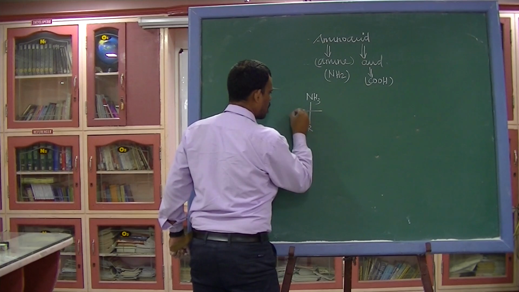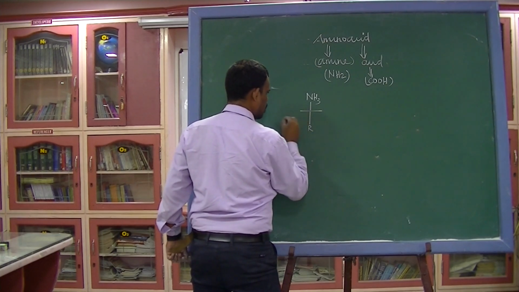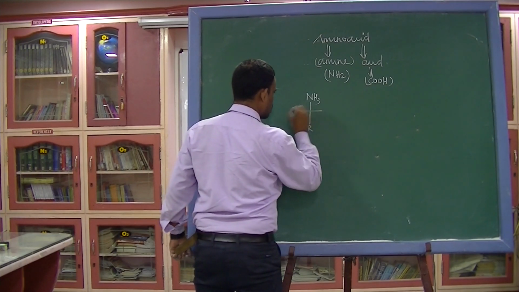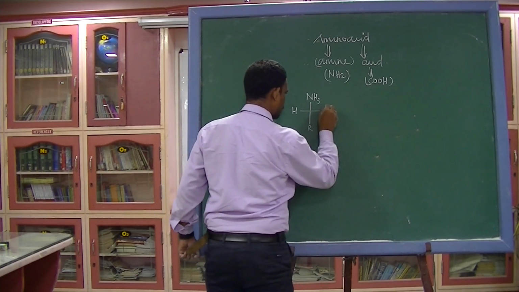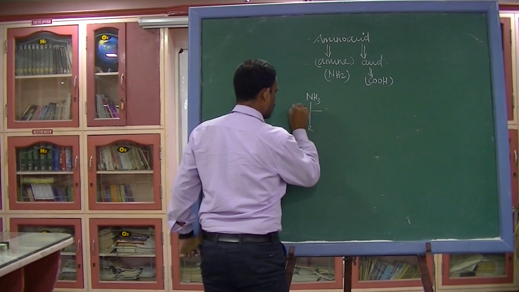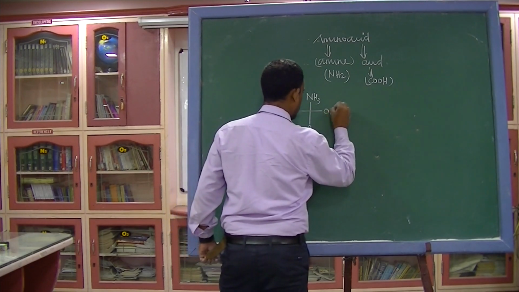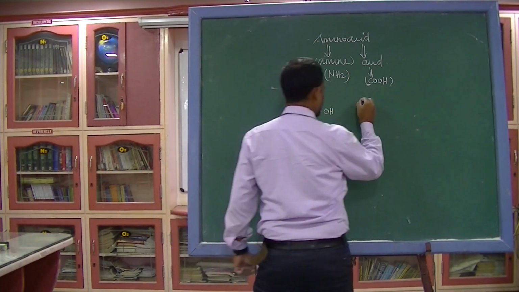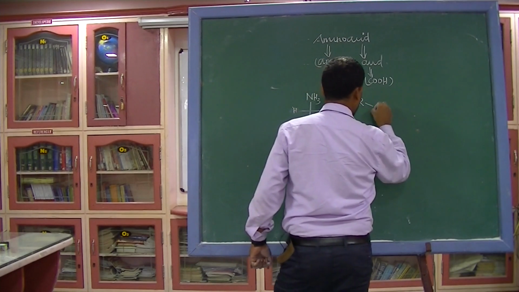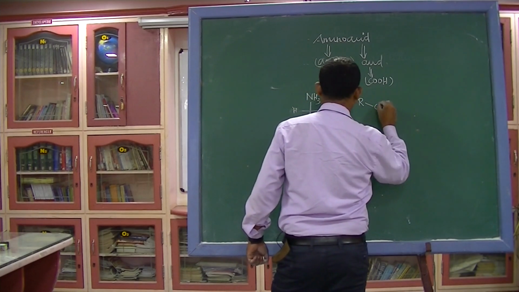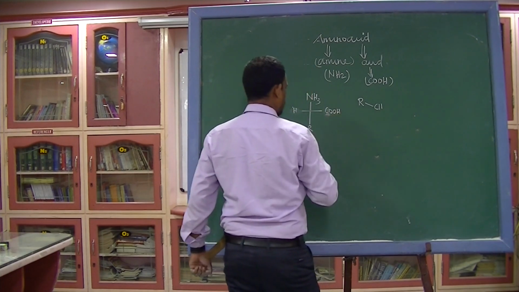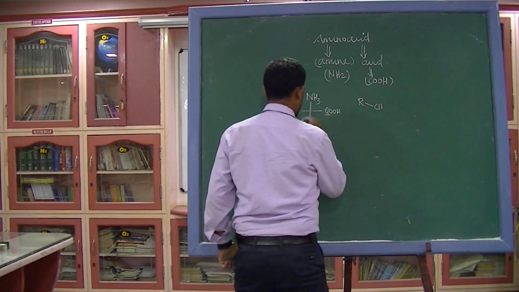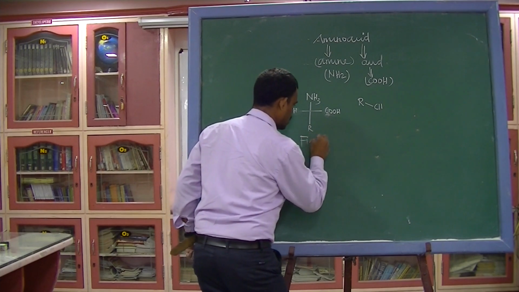For example, this is R, this is H, and H and OH, right? So simply you can write R COOH. This is in Fischer projection.